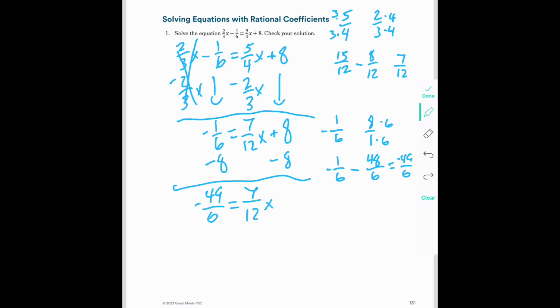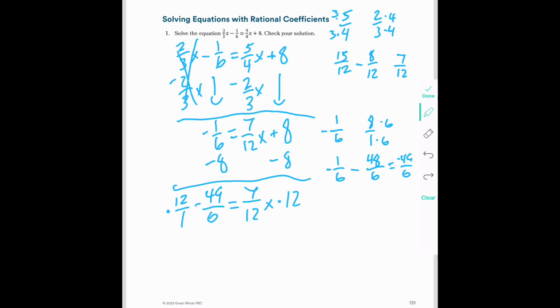And then, of course, finally, in order to get rid of the 7/12 and get x by itself, there are two ways you can do this. One way could be easier than the other, depending on how you want to operate it. I'm going to do it the way that Mr. G usually does it, which would be multiply each side by 12 first, okay?